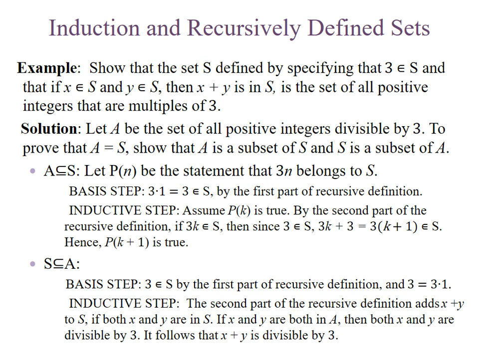In other words, x and y are divisible by 3. Then we need to show that the new element using these elements also follows the property. So that's how we prove that x plus y is also divisible by 3.